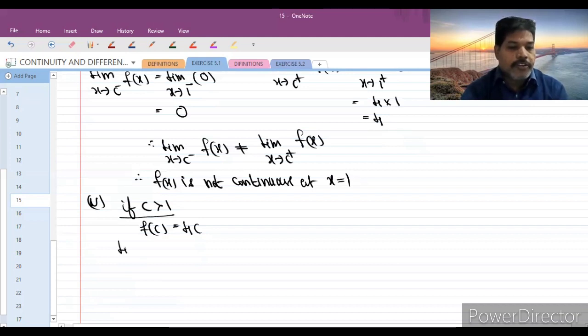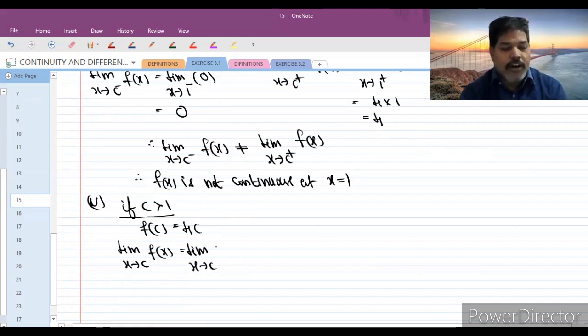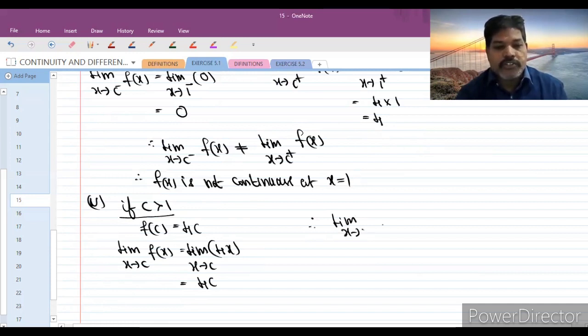Similarly, the limit as x tends to c of f of x will become the limit of 4x only. If we apply the limit, it will become 4 into c. So we can conclude that the limit as x tends to c of f of x is equal to f of c.